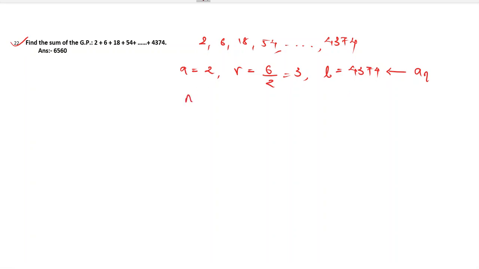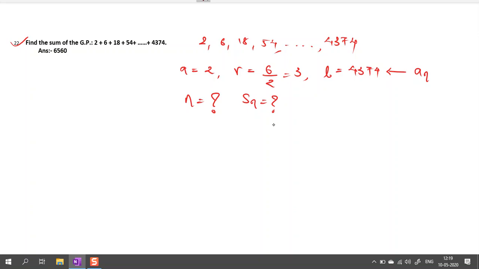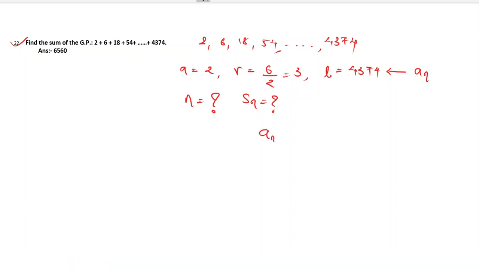How many terms are there in the GP? We don't know, but we know the nth term, so we can find the number of terms. What we have to find? Sum of n terms. Correct? So how will we proceed? First, we'll use the formula for the nth term.